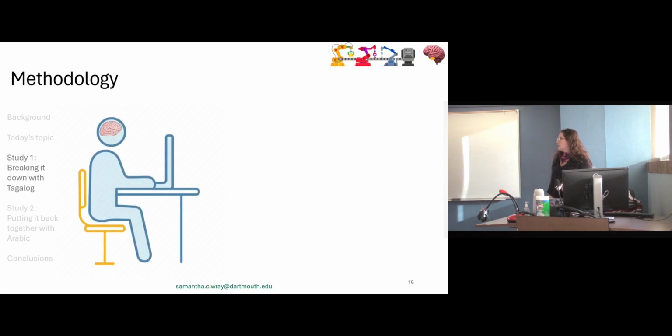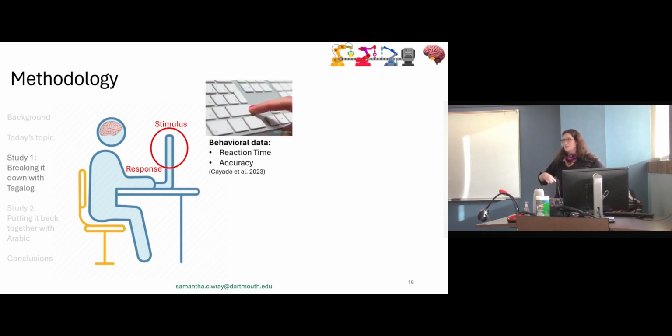So let me talk about some of the methodology we used to look at this. When you are sitting with your brain in front of a computer screen, you can be given something like a stimulus. And that is intended to elicit particular responses from you. Now, the response can be something you give, something you do, right?